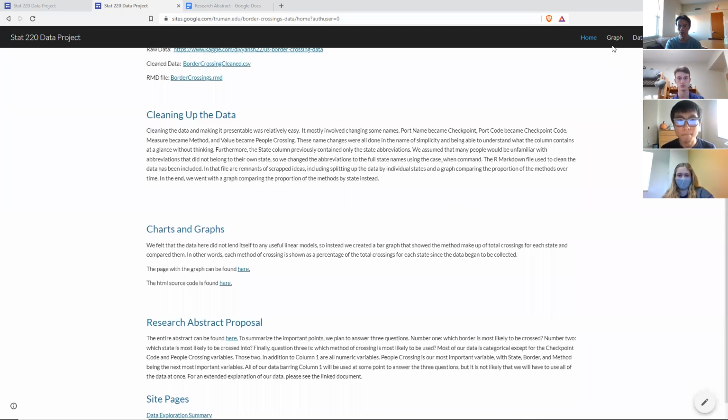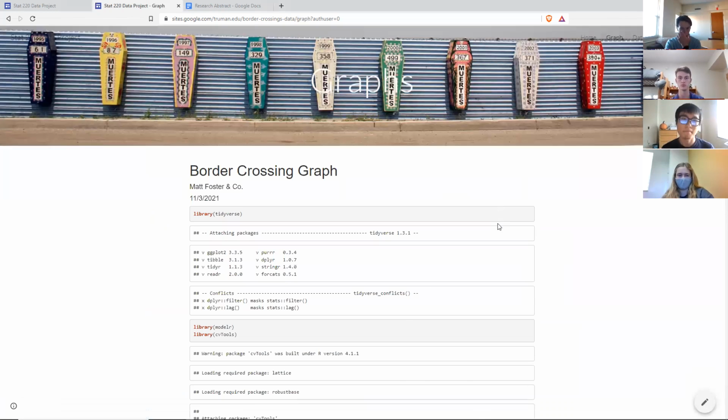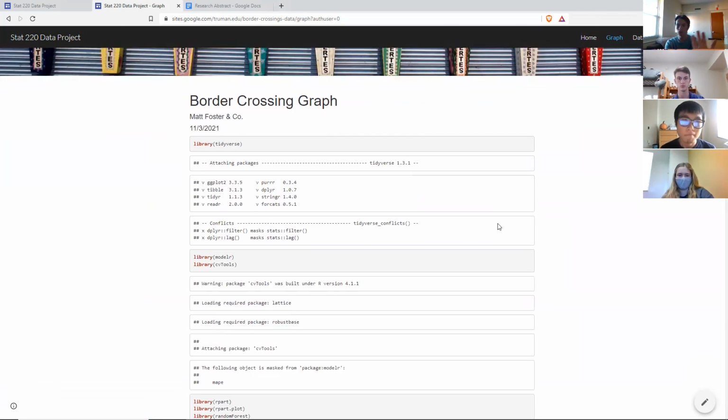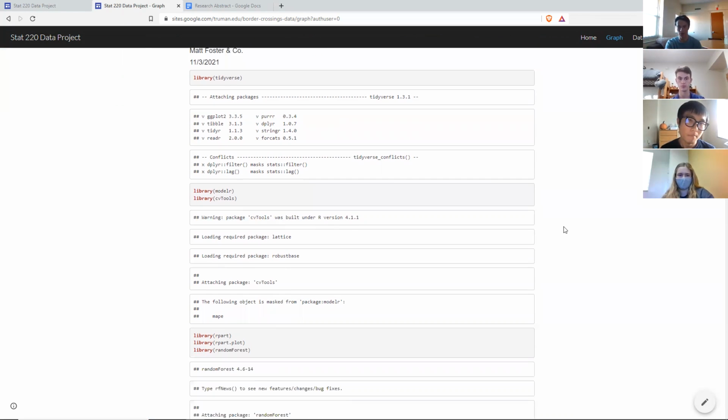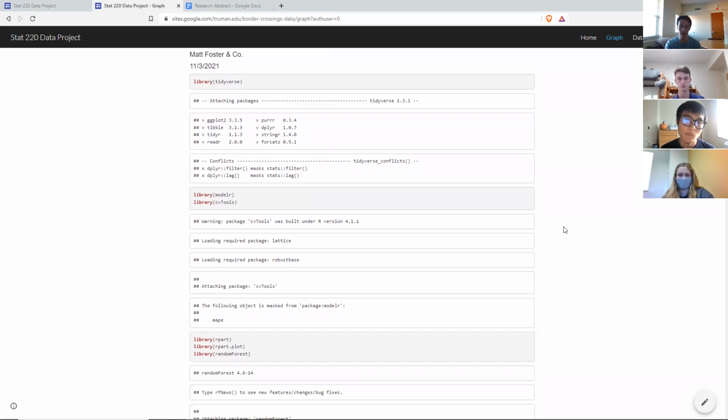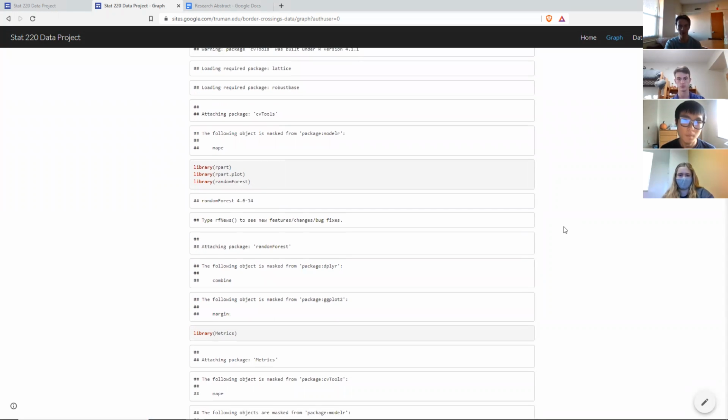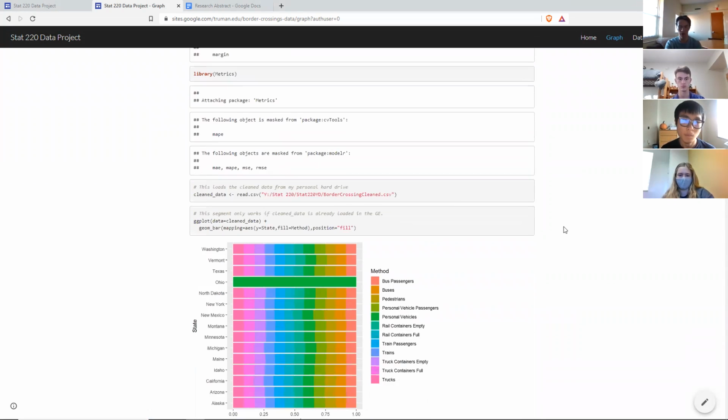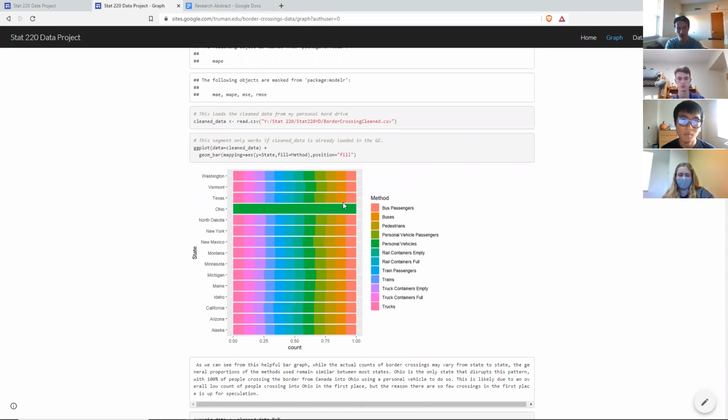So moving on to our graphs. This is essentially the complete R markdown file we used to make our graphs. It's just been knitted to HTML and embedded into the website. We start by importing all the libraries we need, and then we start with this bar graph that shows a comparison of each method used to cross by all the states.